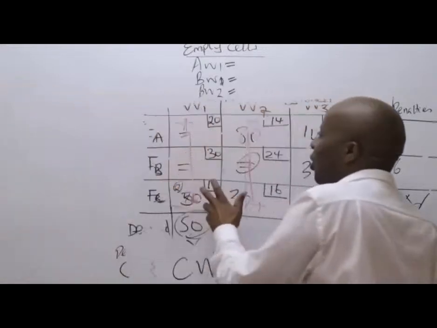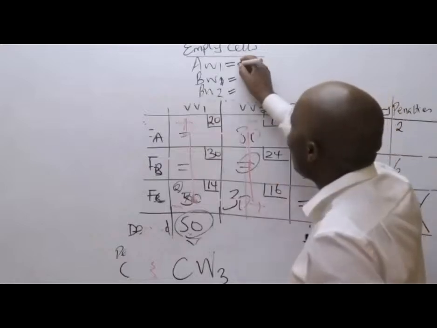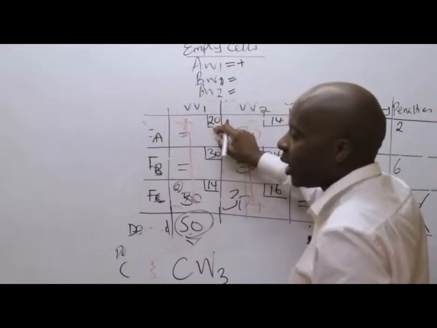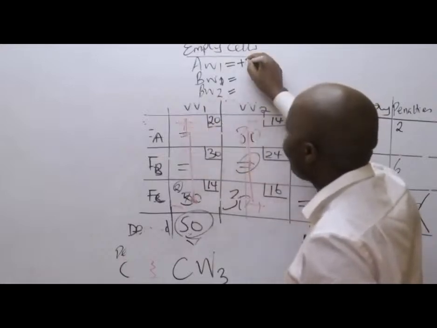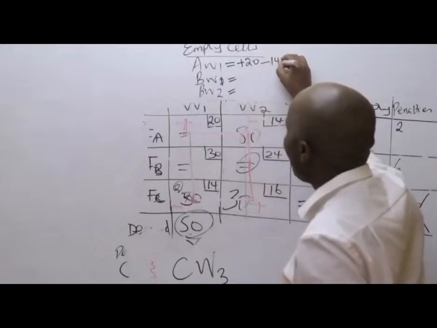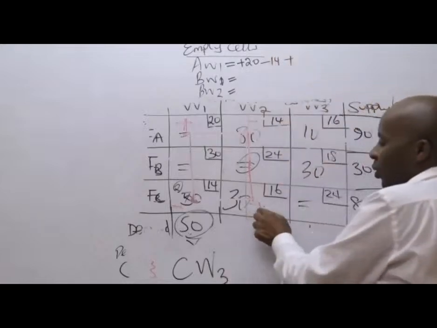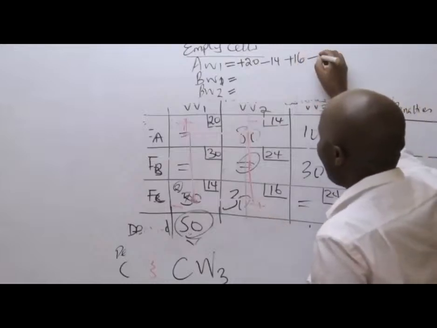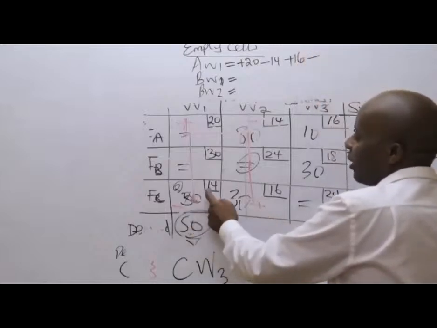I take the sign itself with the transportation cost. So I'll say plus 20. The next cell I can see is minus 14. Plus, the next cell that has got a sign is this, so plus 16. Minus here 14.